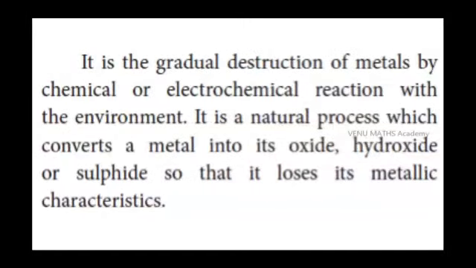When a metal is attacked chemically or electrochemically, that is, a chemical reaction takes place by using electricity, the metal will get converted to its corresponding oxide or sulfide or hydroxide and lose its metallic character. This destruction process is called corrosion.